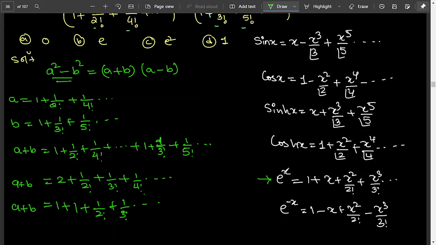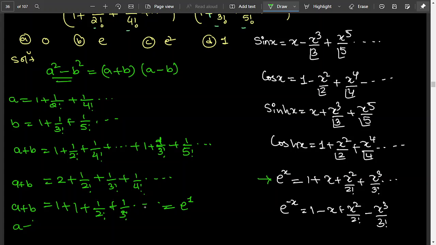It will be exactly like this one. So I equate this as e to the power 1.